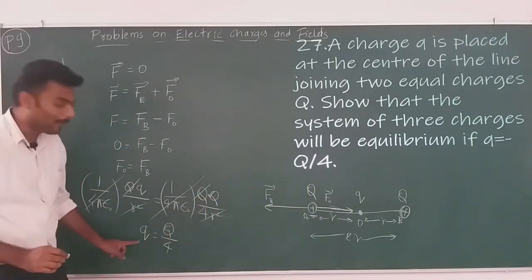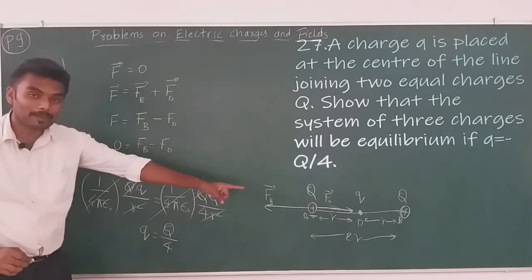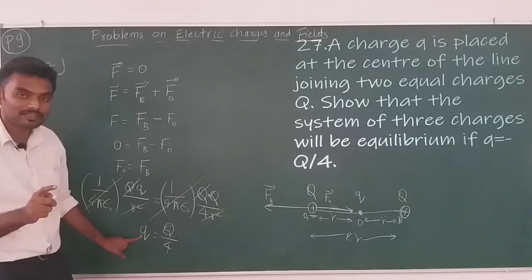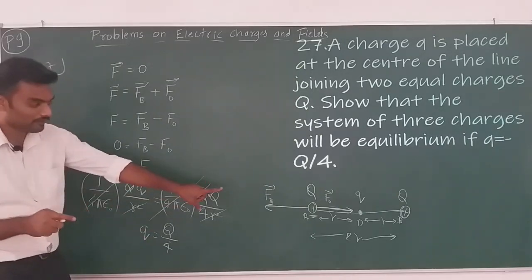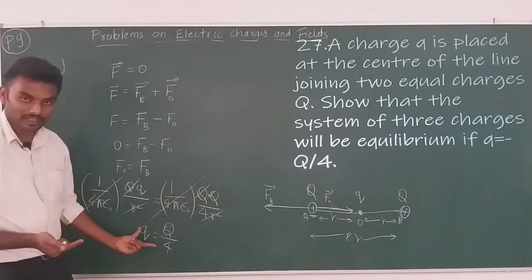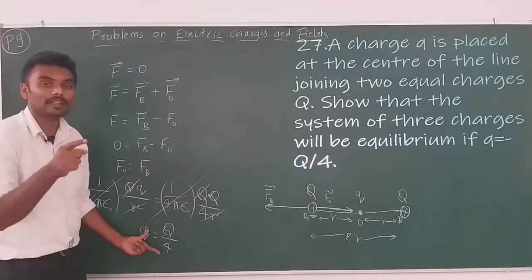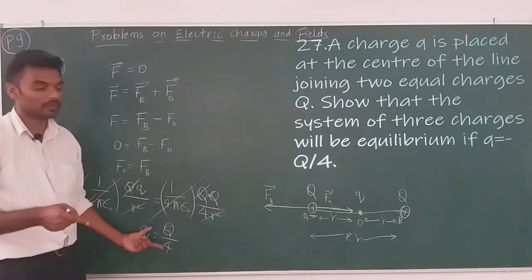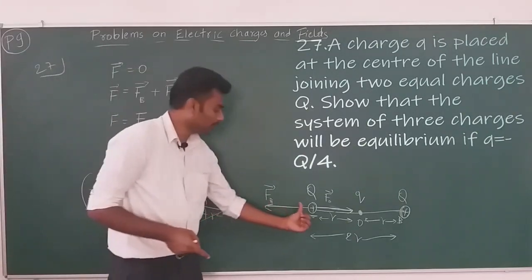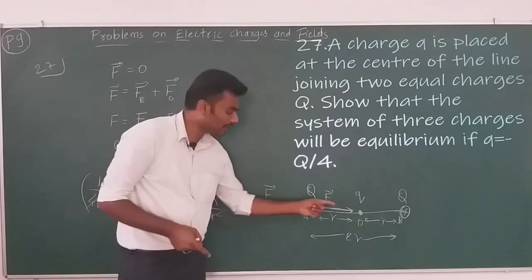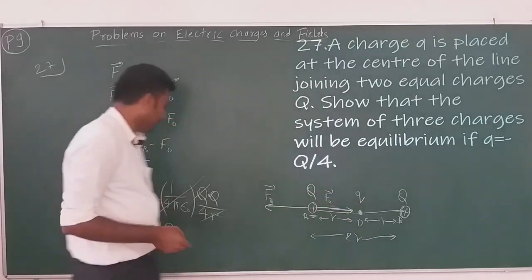So this is the magnitude of the charge that should be kept at the center. But what about the nature of the charge, the polarity of the charge? It should be negative, because FB is repulsive, so FO has to be attractive, so q has to be negative.